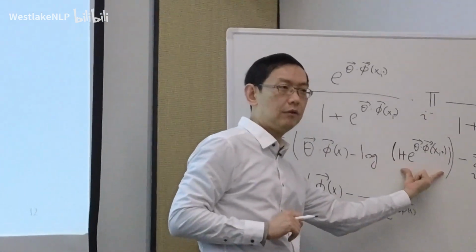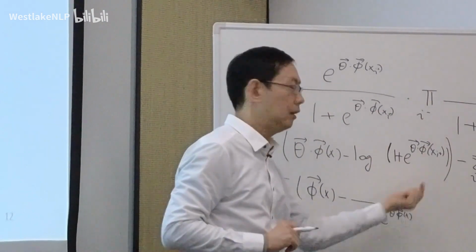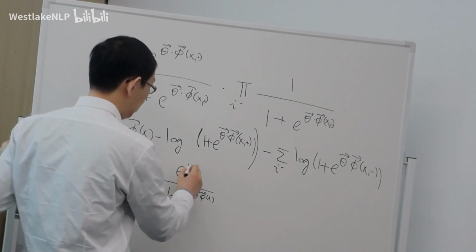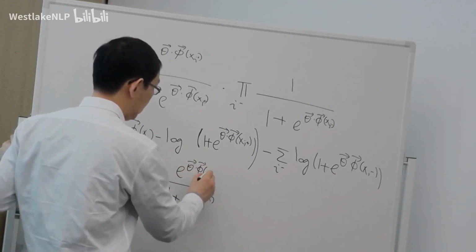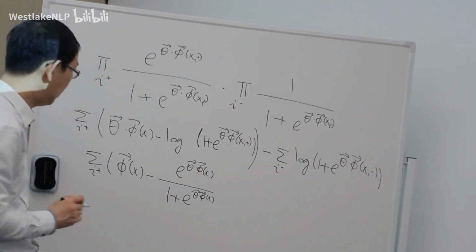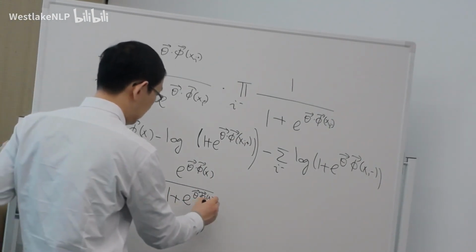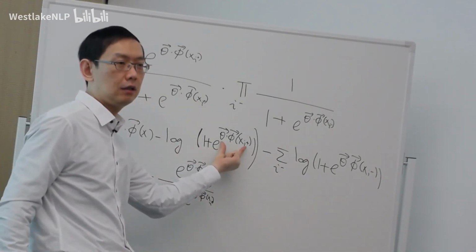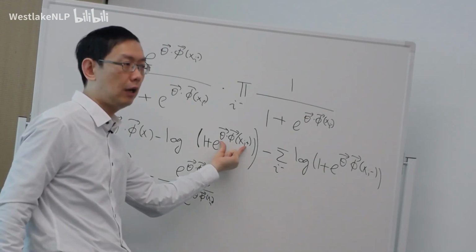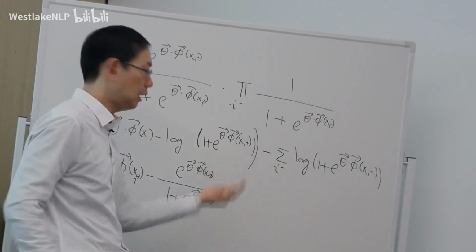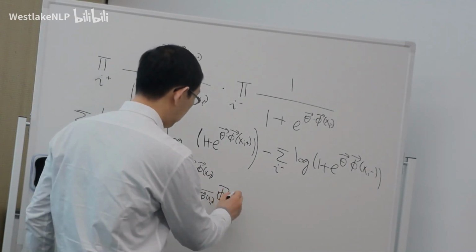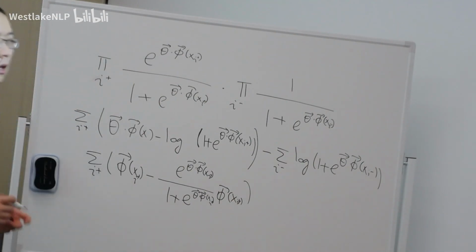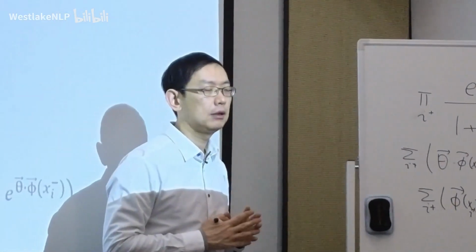We take the derivative with respect to theta. Because there is an exponential function, this is equal to e to the power of theta dot phi x. Now, which one do we take? This is i plus. Now we take this part, the derivative with respect to theta. So it's phi itself, phi xi plus. This is the derivative of the first part.